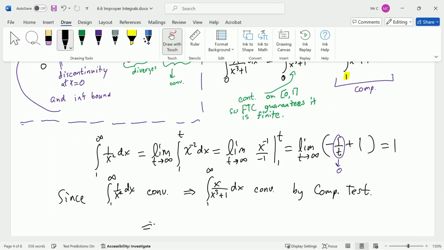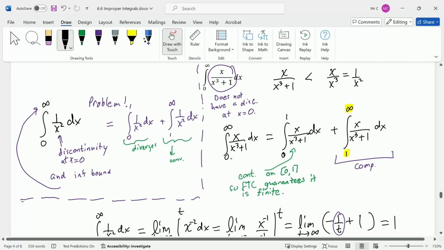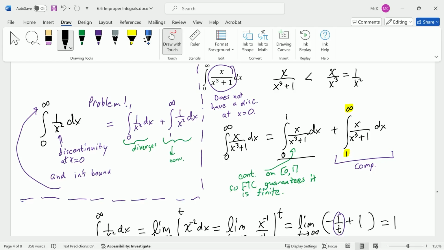And finally, that implies that the integral from 0 to infinity of x over x cubed plus 1 dx converges. Right? Because this integral from 0 to infinity is now the sum of two finite integrals: the integral from 0 to 1 and the integral from 1 to infinity.